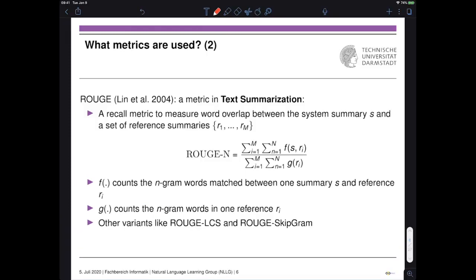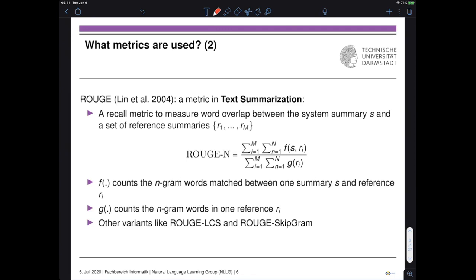The next metric is ROUGE, which is used to evaluate the quality of system summaries. Different from machine translation, a system summary has very large diversity in meaning because it's generated from multiple documents. So in the evaluation setup, multiple human references are always involved to evaluate the quality of every system summary.